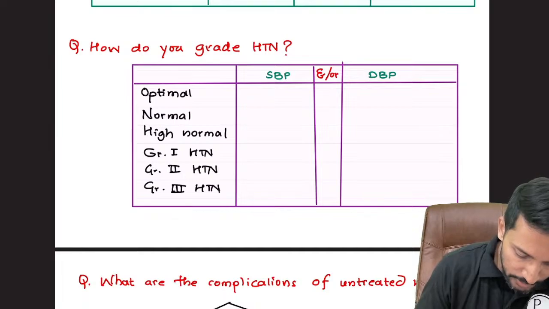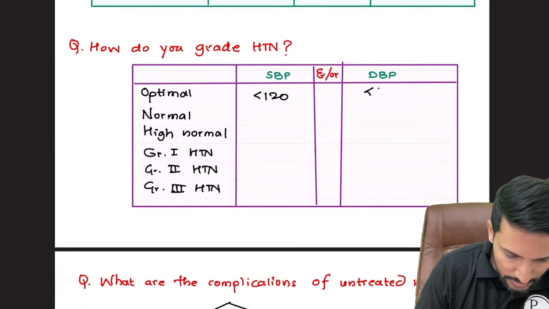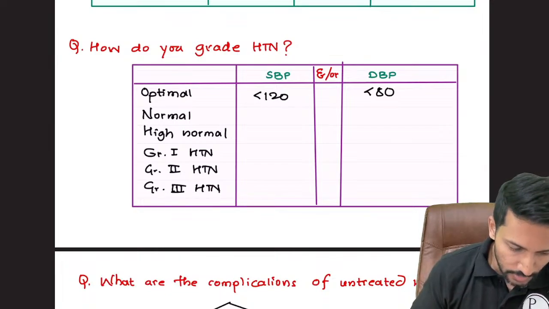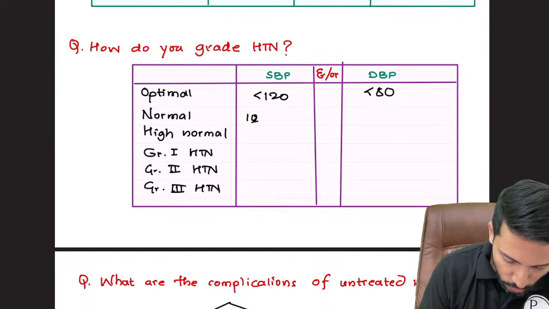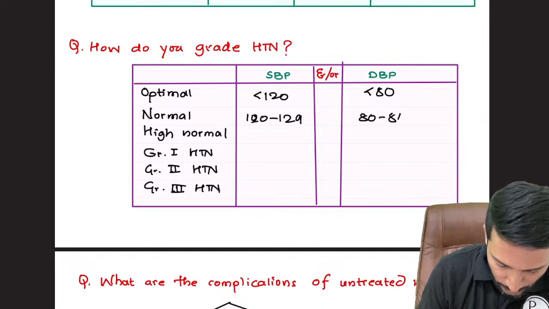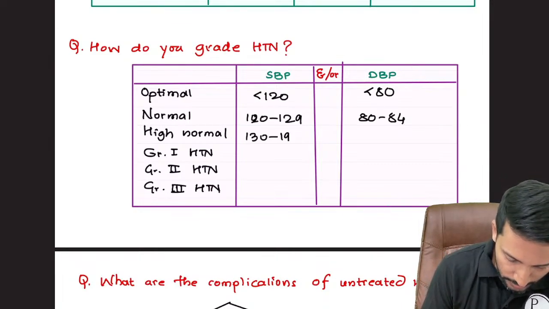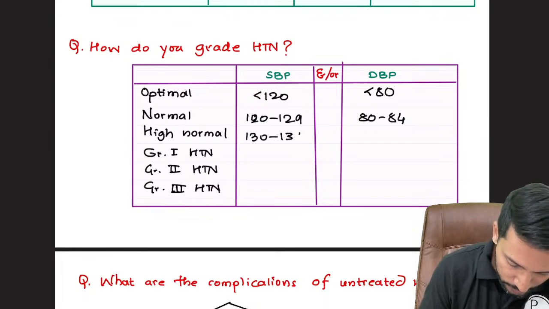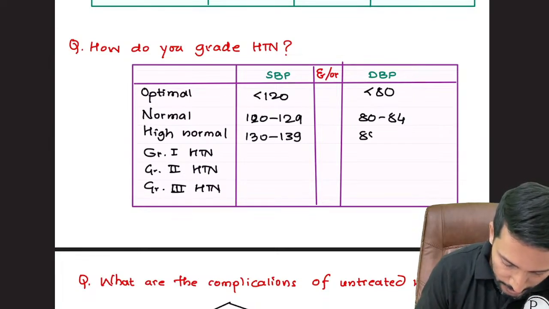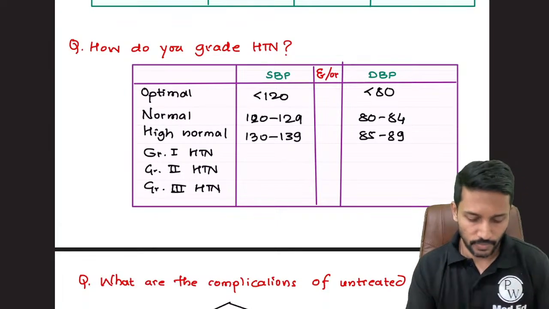The optimal recommended BP is less than 120 systolic and less than 80 diastolic. The normal will be counted as 120 to 129 and 80 to 84 millimeters of mercury. And 130 to 139, we will count as high normal, and 85 to 89 diastolic also will be counted as high normal.